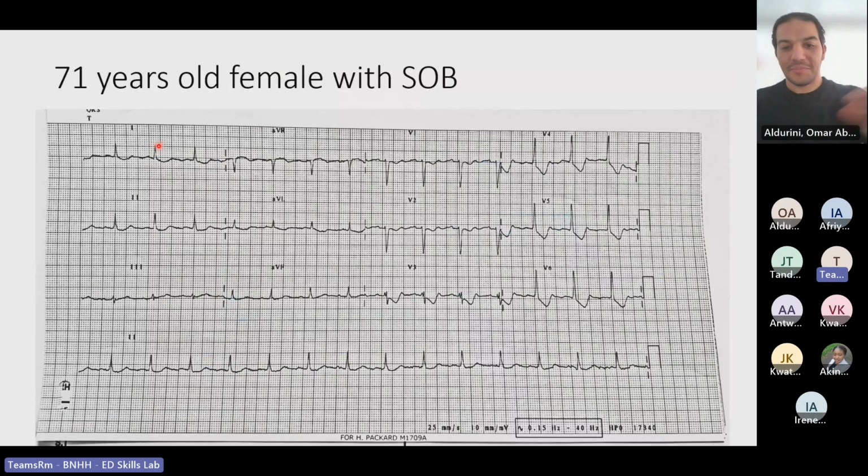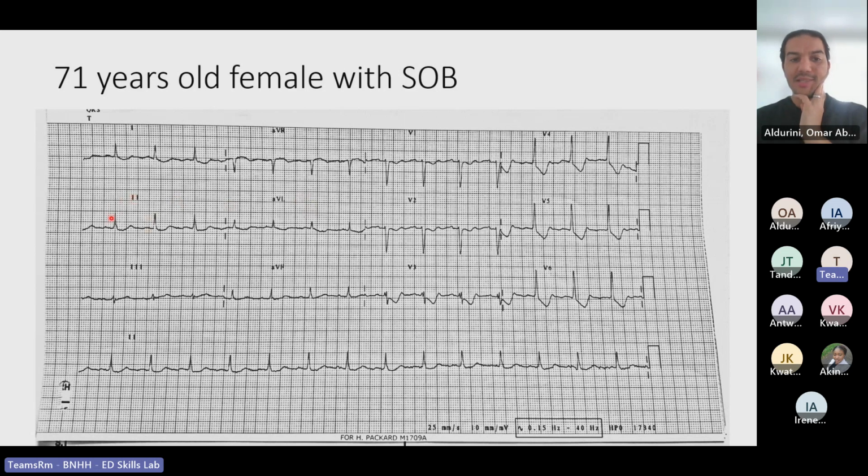Okay, so this is another example. If I go through all of the leads, I can say that I have a significant ST depression in V3, V4, V5, and V6, and a T wave inversion in lead aVL as well.